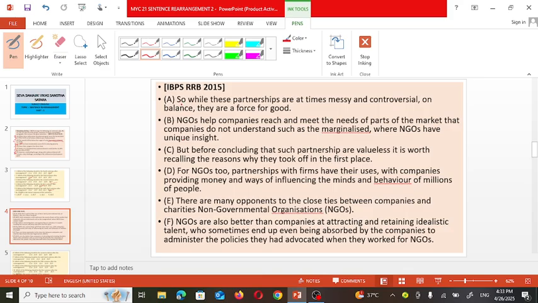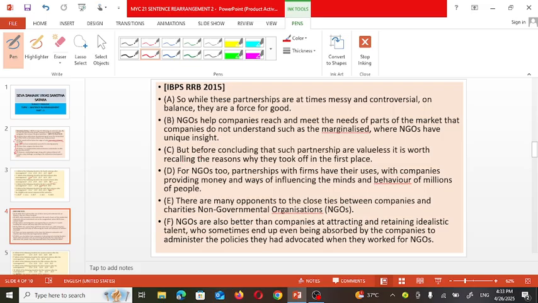Let's see the statements. While these partnerships are at first messy and controversial, on balance, they are a force for good. NGOs help companies reach and meet the need of parts of the market that companies do not understand, such as the marginalized, where NGOs have unique insight.